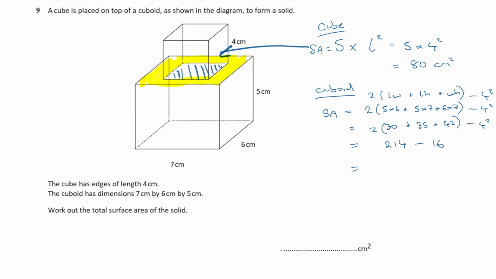So the surface area of the cuboid is going to be 214 minus 16, and that is going to be 198. So then the total surface area is going to be those two added together. The 80 contributed by the cube and the 188 from the cuboid give me a total of 278 centimeters squared in total. Okay.